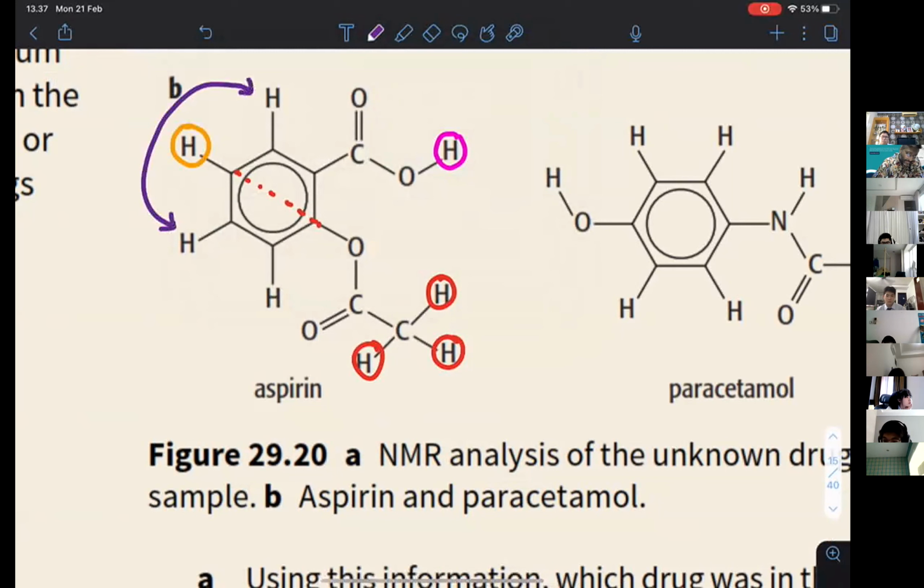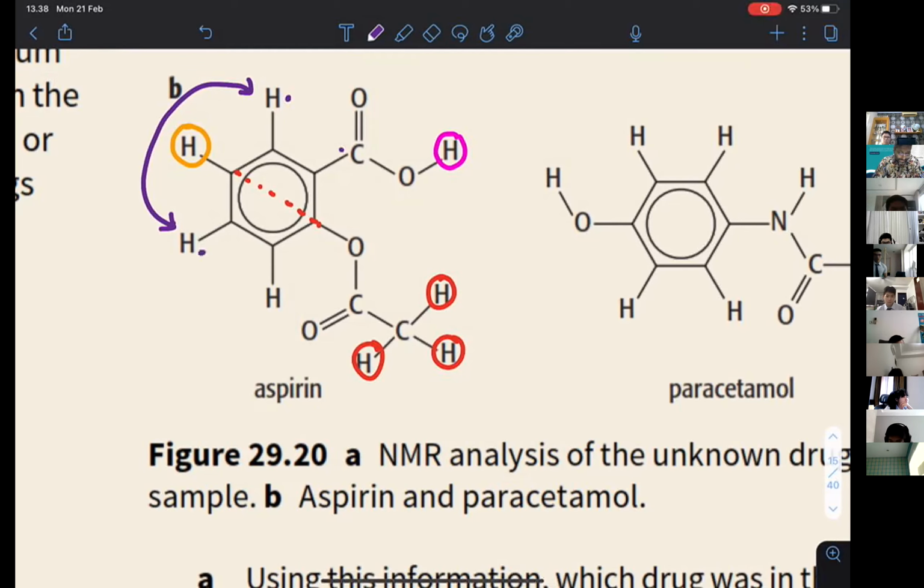Why, Giuliano? Why can I not say that they are the same? Does it connect to the benzene ring? You see, this hydrogen's neighbor is connected to carboxylic acid.